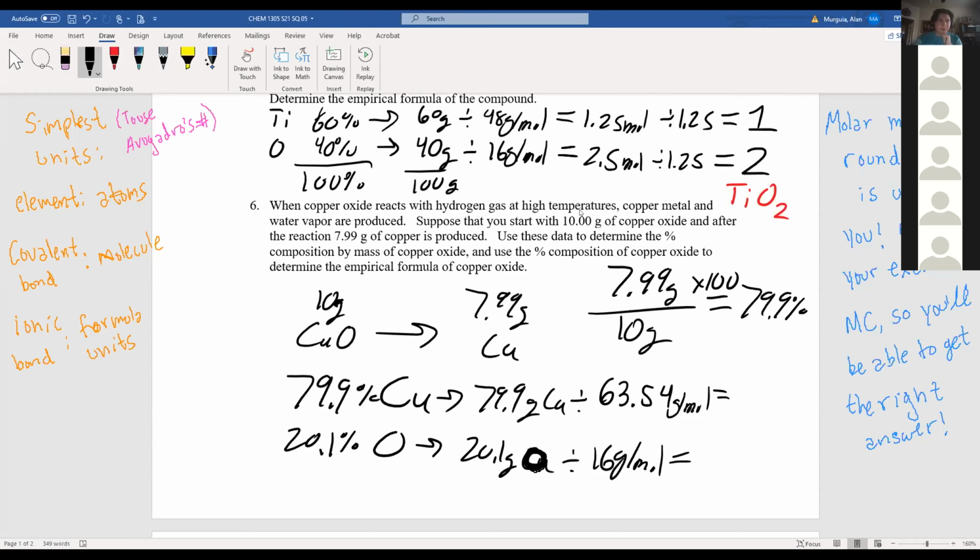The copper one will be 1.26. And who can tell me what's oxygen? 1.256. 1.256, or you can safely round that up to 1.26 moles. So what's the last step I need to do here?